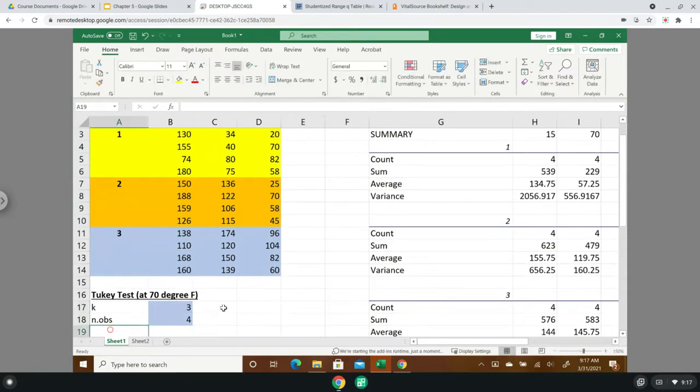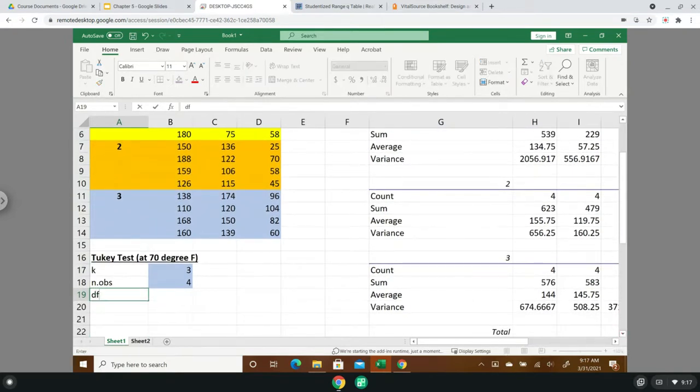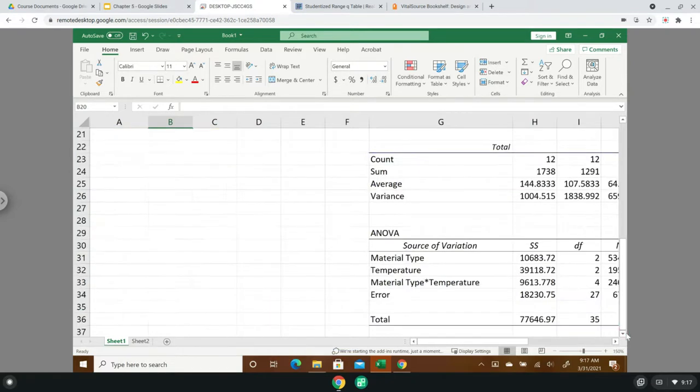Then next I want to write down degree of freedom for error and mean square error. Degrees of freedom for error, we can get that from our ANOVA table, right?